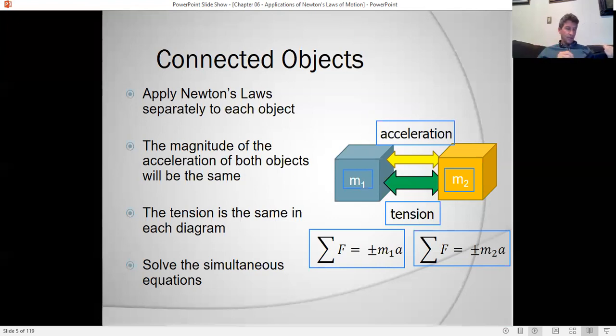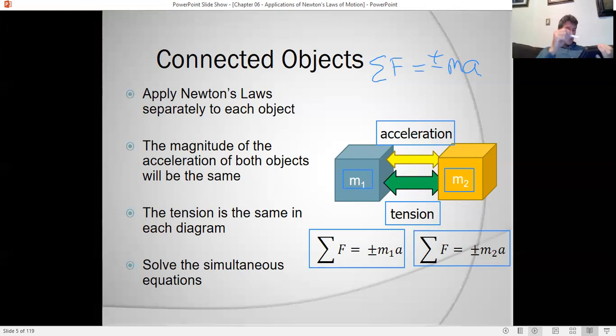So sometimes you'll see us write, instead of just the sum of the forces is equal to mass times acceleration, we'll either put a positive sign there, or sometimes we'll put a negative sign there. So don't be distracted by suddenly introducing a negative sign within Newton's second law.